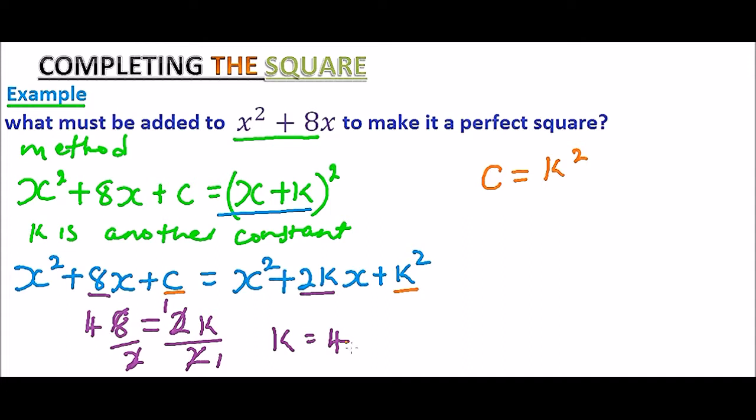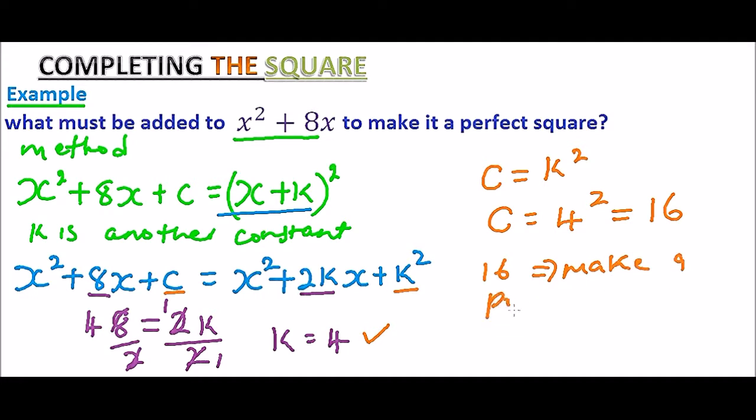But we have already found that k is equal to 4. Therefore, c is equal to 4 squared, which gives you 16. So 16 is to be added to make it a perfect square. And that is how you work that out.